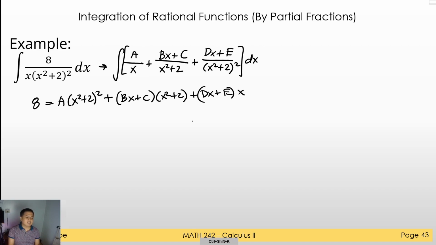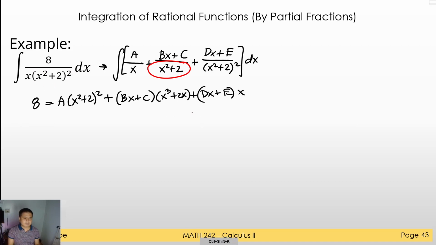Okay, so the simplest one here that we can solve already is when x is equal to 0. Actually, I forgot the x here. I'll just make this x cubed plus 2x. Why is that? Because we'll only cancel one here. If you multiply this by Bx plus C over x squared plus 2, you have x here, so what will remain is x times x squared plus 2, that will be x cubed plus 2x.